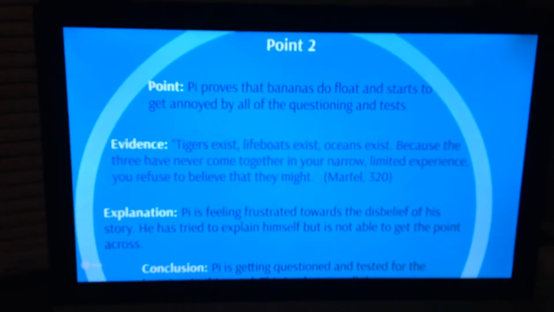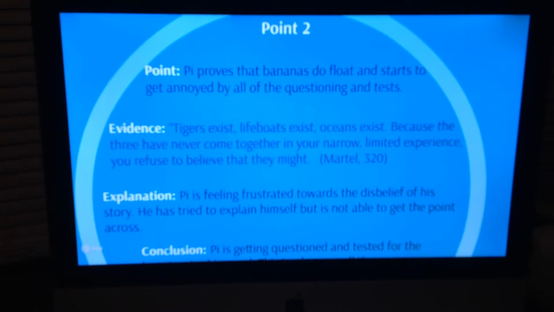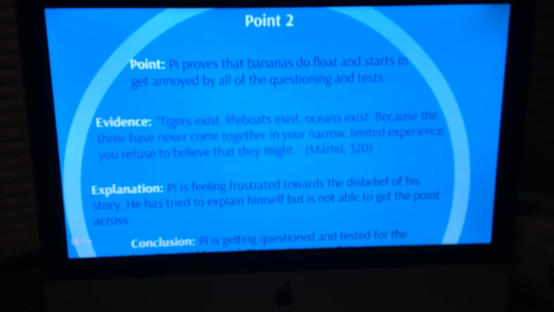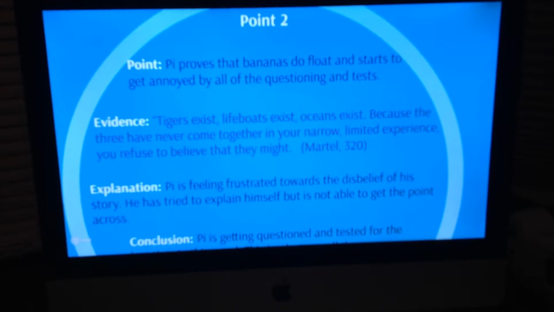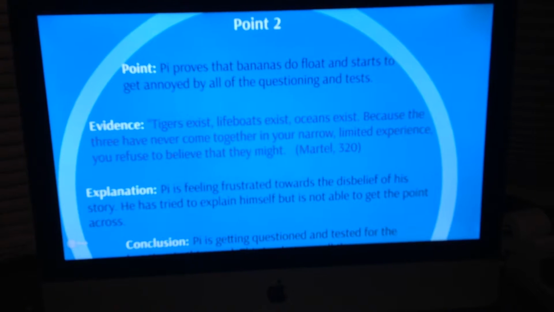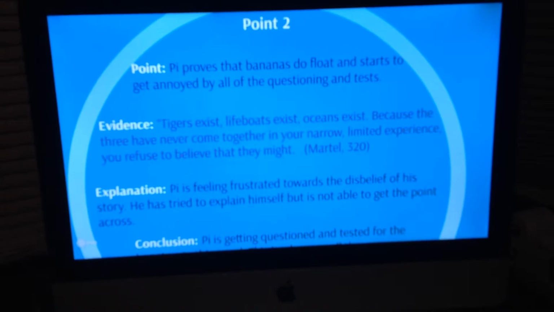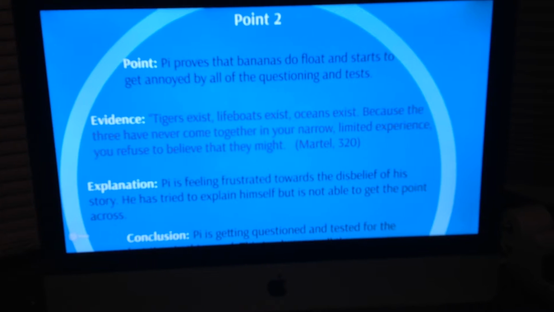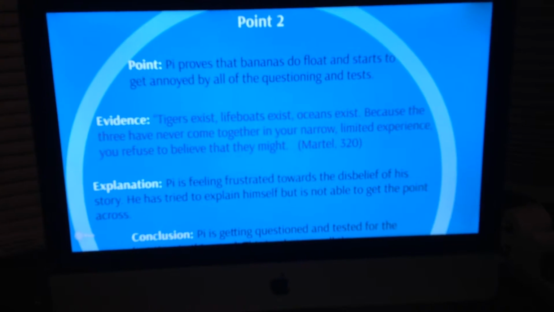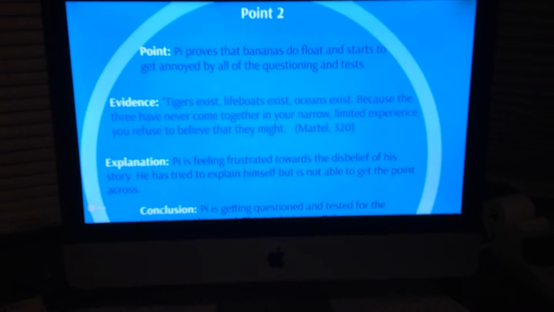Pi proves that bananas do float and starts to get annoyed by all of the questioning and tests. The evidence that I found from the book was when Pi said, "Tigers exist, lifeboats exist, oceans exist. Because the three have never come together in your narrow, limited experience, you refuse that they might."